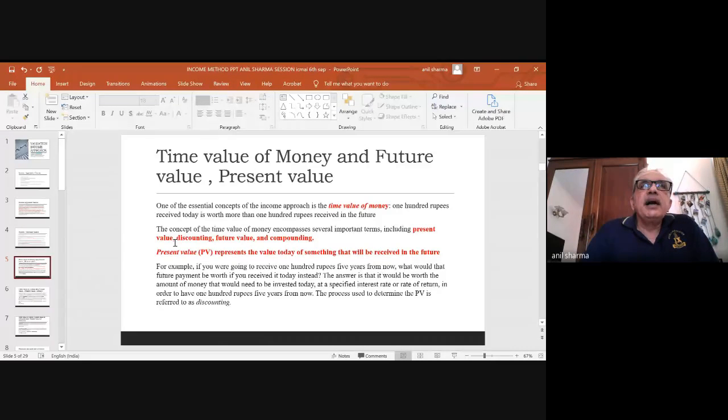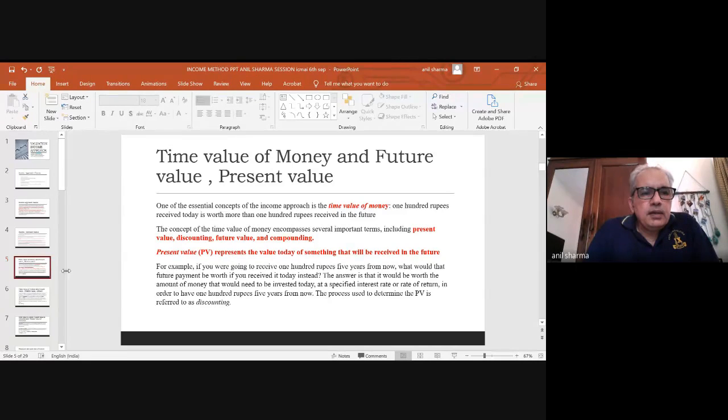If you were to get 100 rupees every year for the next 10 years, you can compute the value of those 100 rupees received each year today. For that, the denominator would be the discounting factor, which will help you in calculating the present value of the money, right?